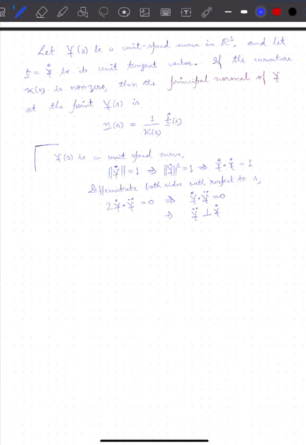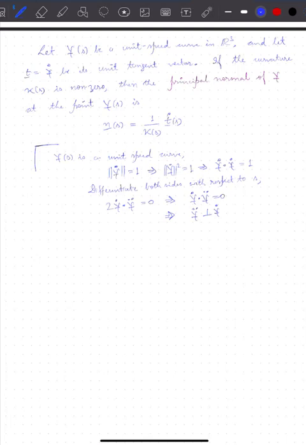Because it's perpendicular, there must be something which is normal to the tangent. Gamma double dot is perpendicular to gamma dot, which means gamma double dot must be parallel to a vector which is perpendicular to gamma dot.